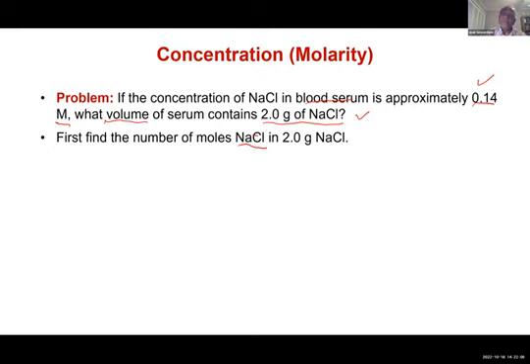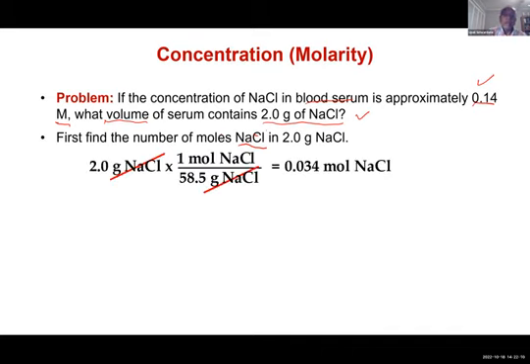I think sodium is 23, chlorine 35, so 58 is the molar mass. You start with grams divided by molar mass. Grams divided by molar mass is the number of moles. That's how many moles there are.